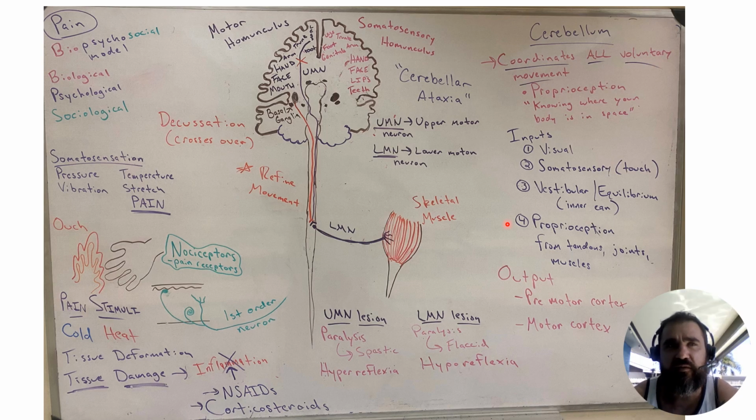There are sensory receptors called the muscle spindle telling you how much tension is in the muscles. So all the information comes to the cerebellum. And the cerebellum is going to have outputs to the premotor cortex and the motor cortex, the motor homunculus, saying, okay, this is how you need to fire and what pattern you need to fire all these muscles to have smooth movement, right?